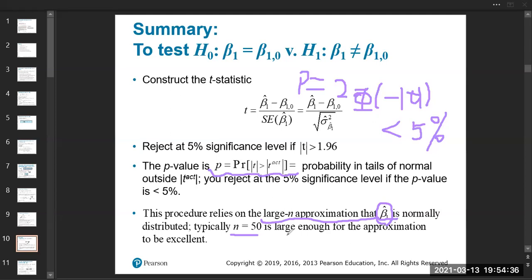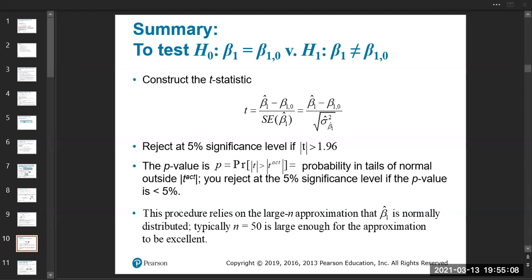Then you have to have other tools to decide the minimum number of observations you need in your specific experiment. So n equals 50 is large enough, and this is usually easily met. This part is so familiar to you, I don't have any doubt that you can do it.